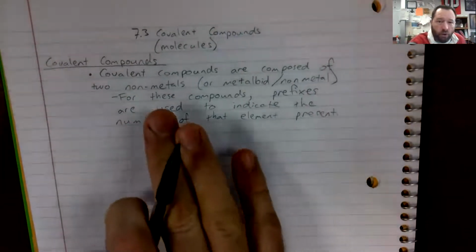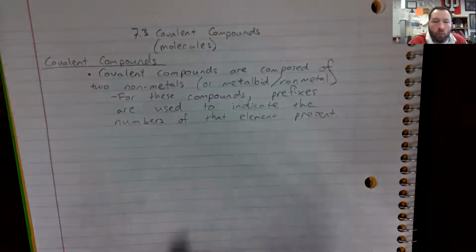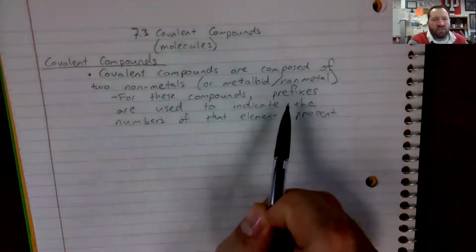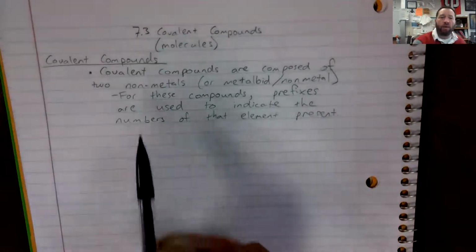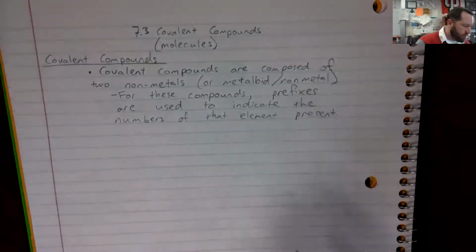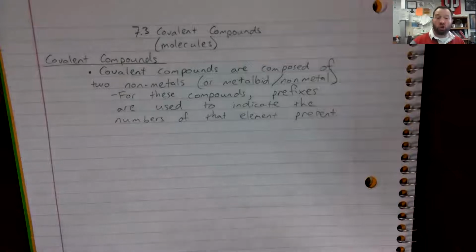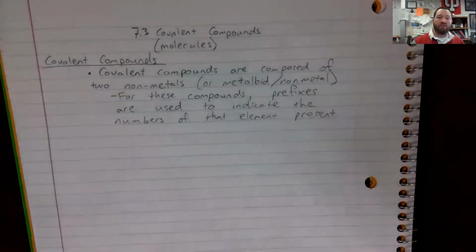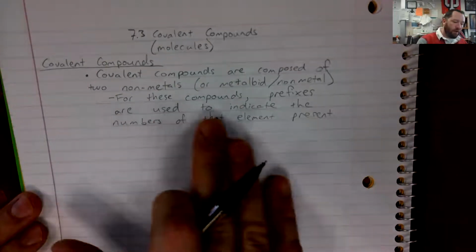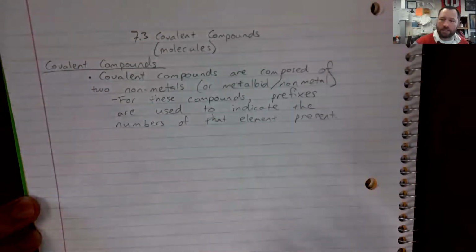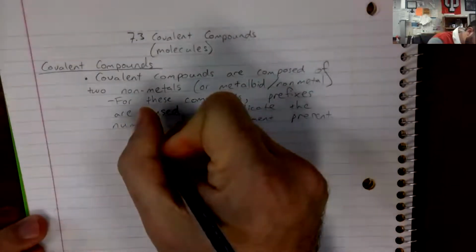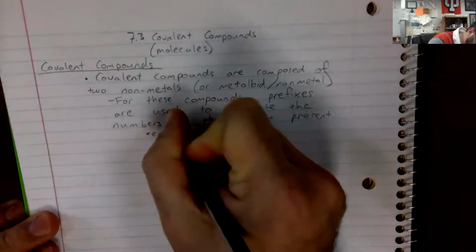So for covalent compounds, we're going to use prefixes to indicate how many of each element is present. So again, a little bit different from ionic compounds where we use the charges and we had to balance based on charge. Now we're going to use prefixes to tell us how many there are. There is an exception. There always seems to be an exception.